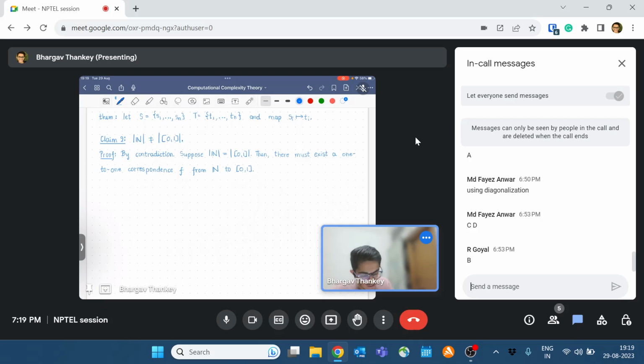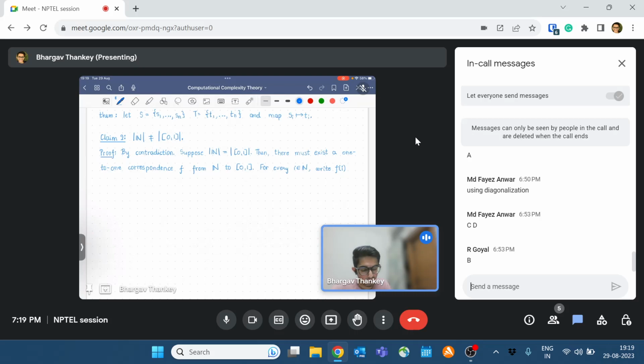Now what we'll do is, for every i, f of i is going to be a member of 0, 1. So I can write it in this decimal expansion.